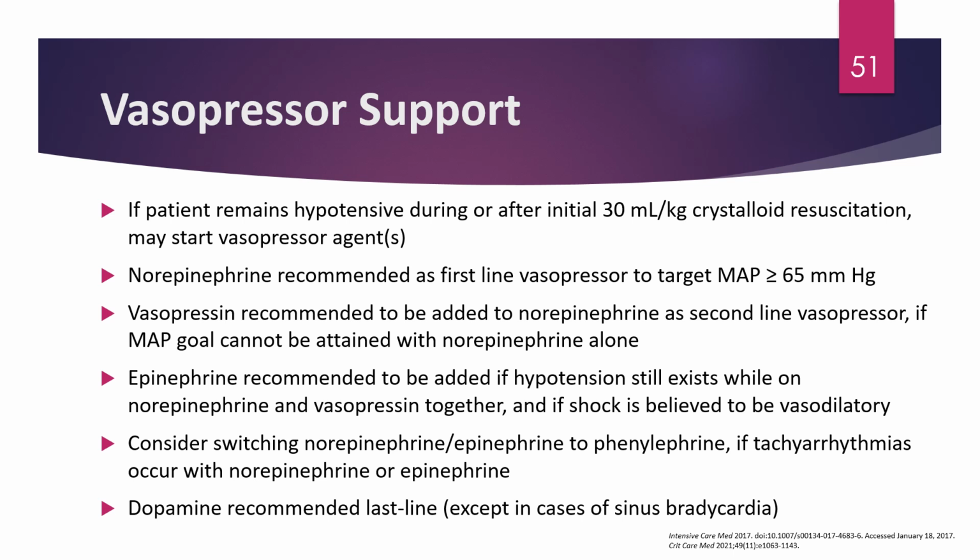Now, if that norepinephrine dose starts to get titrated up, and these are mostly titratable drips with the exception of vasopressin, if these drips start getting titrated up to low or moderate levels where the patient is not really improving very much in terms of their hemodynamic status, we can actually add vasopressin to norepinephrine as a second line vasopressor if the MAP goal can't be attained.